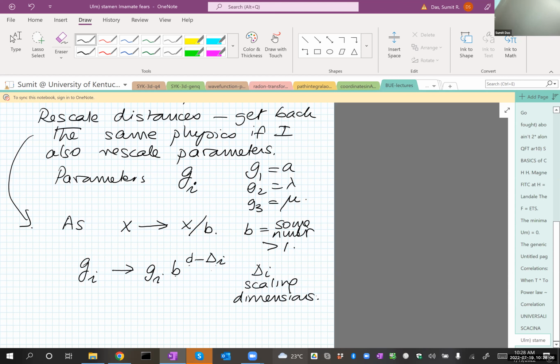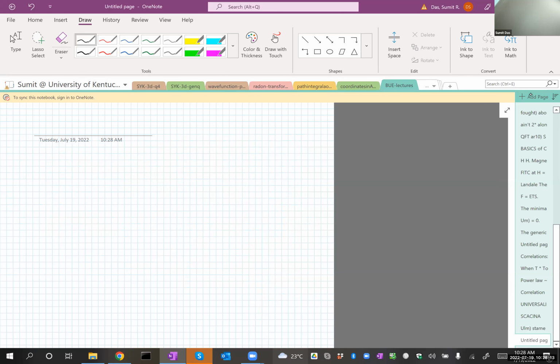Okay. Now, what does rescaling mean? Rescaling means a change of the units by which you measure quantities. Rescaling, for example, distances, means that instead of using 1 centimeter as your unit, you can use 10 centimeters as your unit. It is entirely your choice of what you call a unit of measurement.